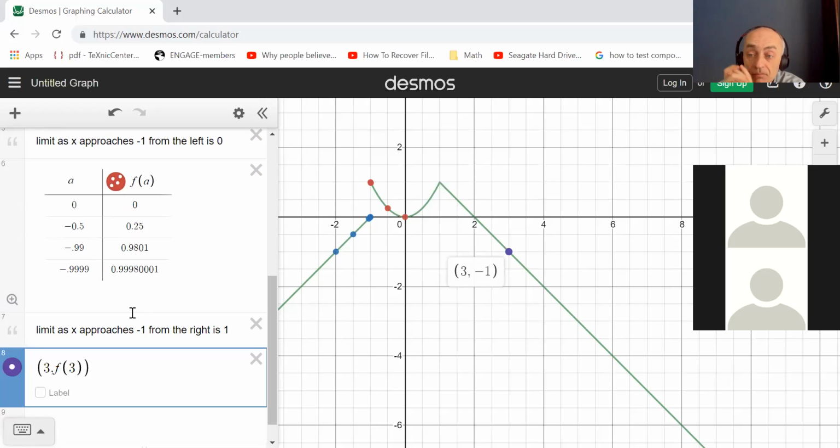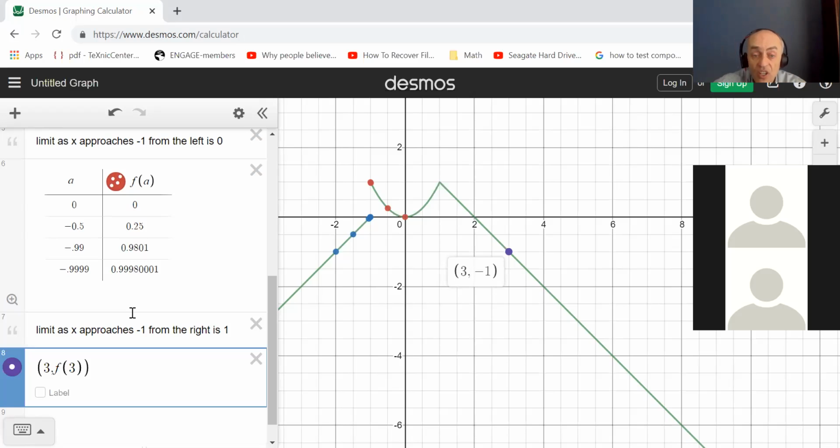On a graph, the limit from the left side and the limit from the right side are the y coordinates of the points where the graph's points from each side congregate.